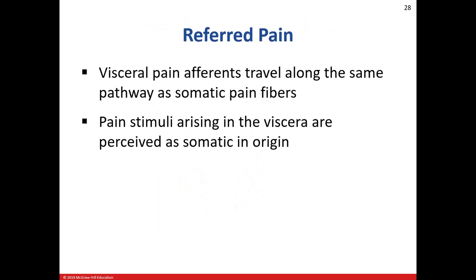So that leads us then into referred pain. We've touched on referred pain a little bit in earlier lectures, but when we look at referred pain, we have to look at what visceral pain is. Now, visceral pain is the pain that's perceived or identified in one of your organs. These visceral pain afferents, which are the sensory nerves that carry the pain sensation from the organs, will actually travel along the same pathway as our somatic pain fibers.